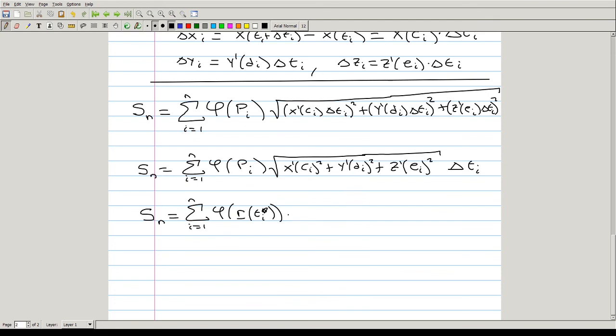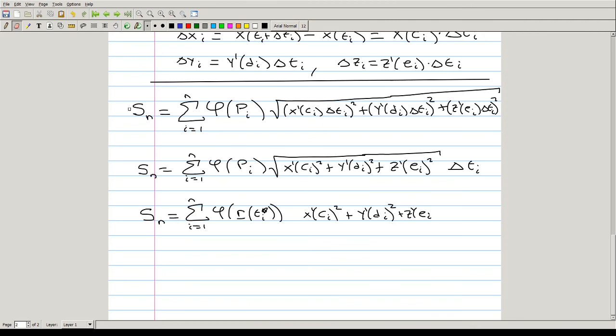It looks very similar to the velocity, only in general these c_i, d_i, and e_i are different values of the parameter t.